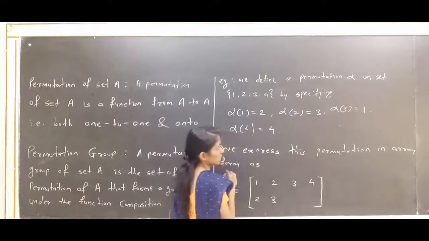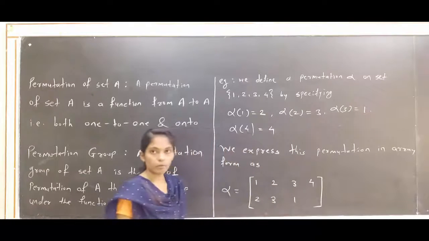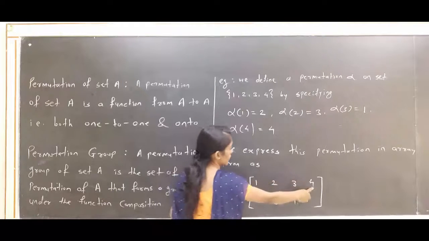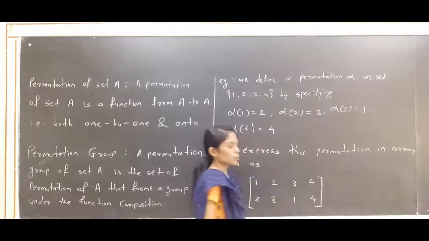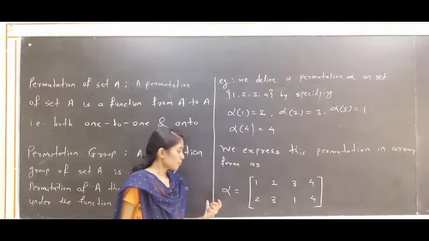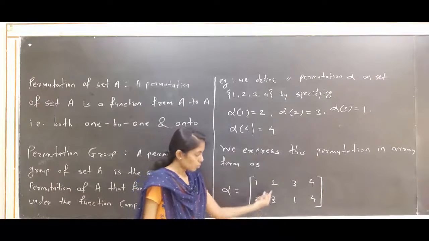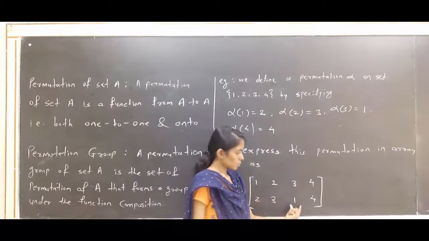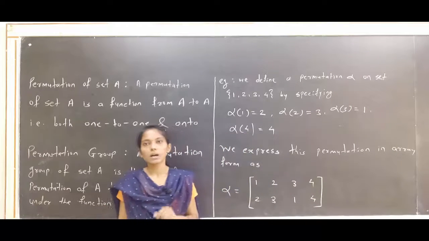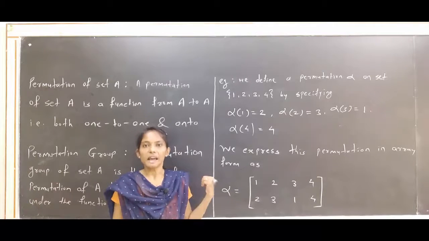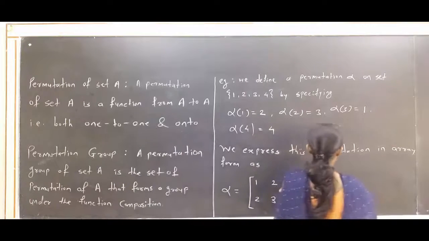So 3 here. Alpha of 3 equals 1. So write below the value of alpha of 3. And below 4 write the value of alpha of 4. So alpha of 4 equals 4. So this is called the permutation alpha in array form. So 1 maps to 2, 2 maps to 3, 3 maps to 1 and 4 maps to 4. So all of you get it how to express the permutation alpha in array form.